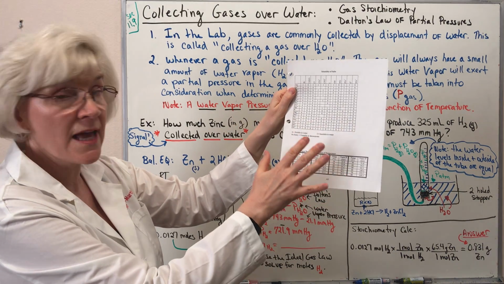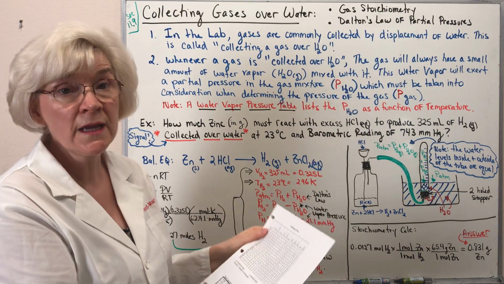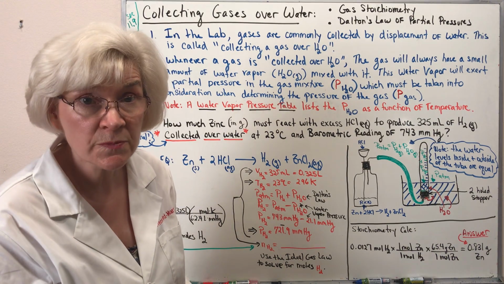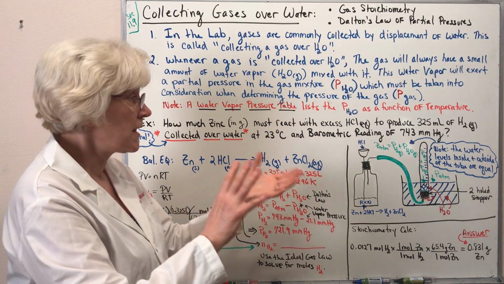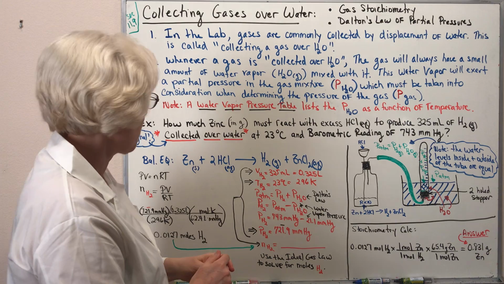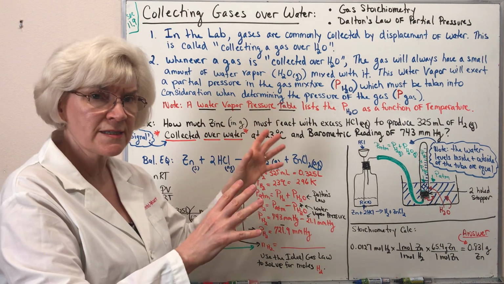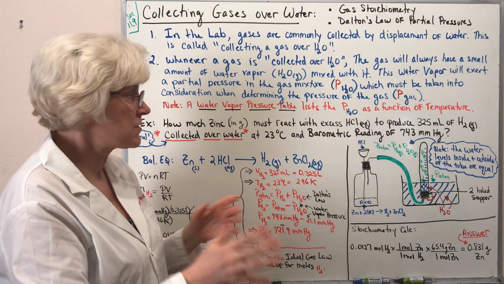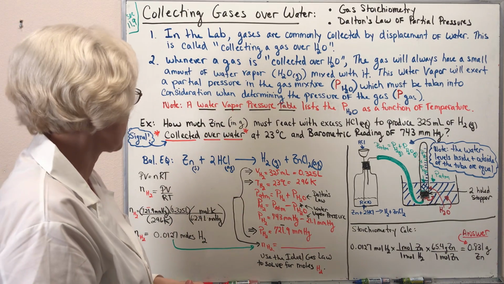So you can access that information on this table. It's also present in your textbook in a table in section 11.9, I believe. So it's present in various places for you to gain access to.